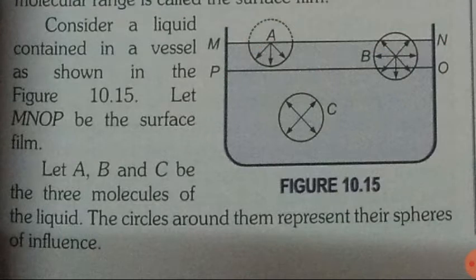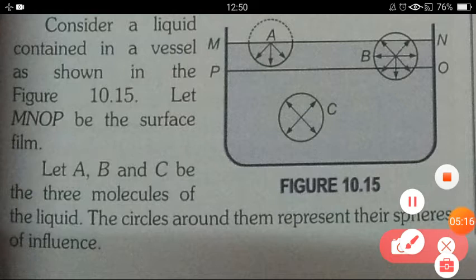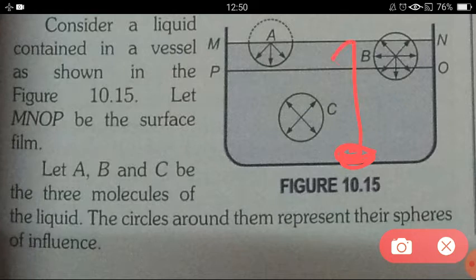Are you understanding this situation? The molecules which are on the surface, we imagine they are present at the bottom, and from there we move them to the surface.